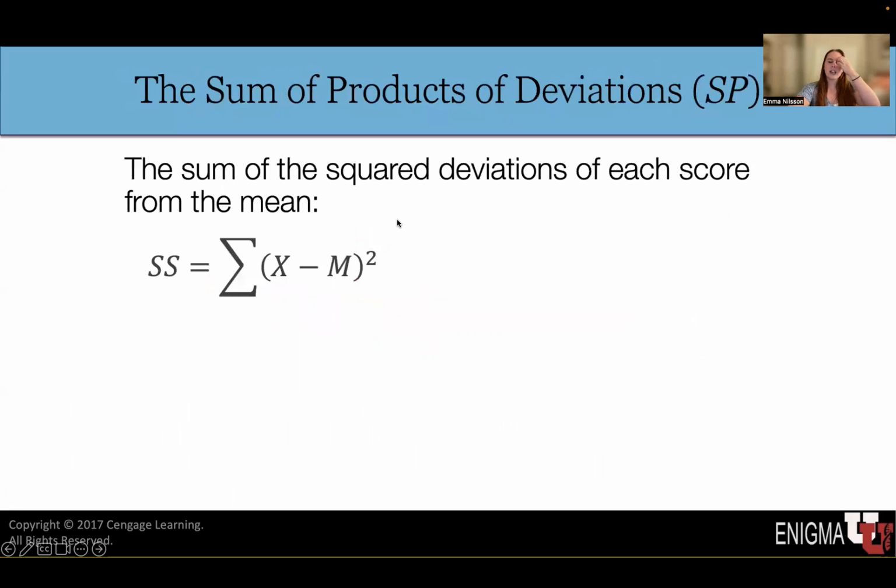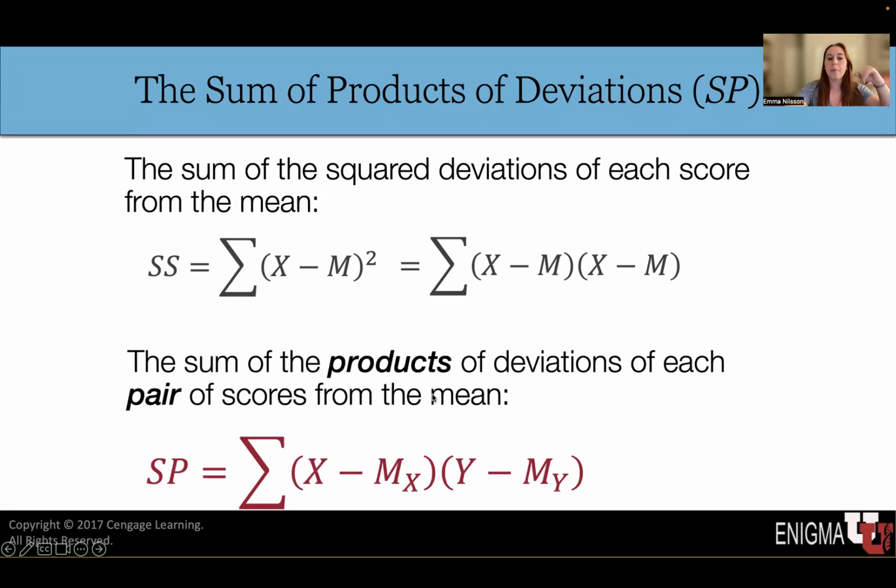Really quickly, before we jump into this, in the past we've used the sum of the squared deviations of each score from the mean. That's when we take each of the deviations from the mean and add them together. The sum of the products of deviations of each pair of scores from the mean is a little bit different from what we've used in the past.